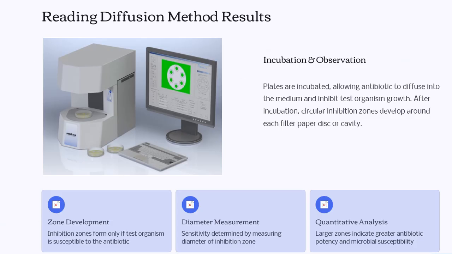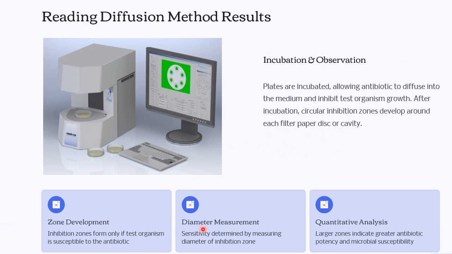For reading the zone of inhibition, we use the antibiotic zone reader for reading the diffusion area. That is, the plates are incubated, allowing the antibiotic to diffuse into the medium and inhibit the test organism's growth. After incubation, circular zones of inhibition develop around each filter paper or disc or cavity.